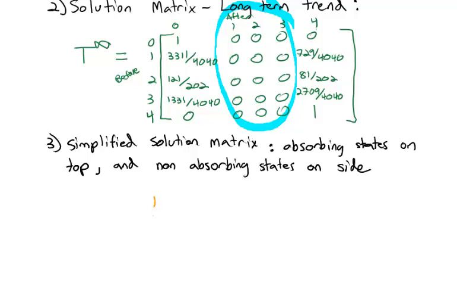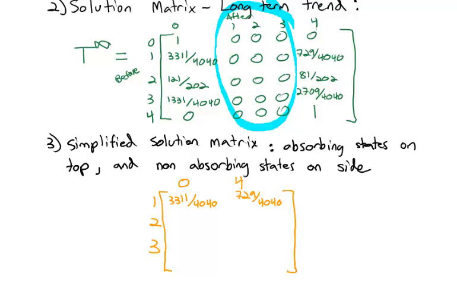So the non-absorbing states are $100, $200, and $300. And from there, they're going to go to 0, absolute ruin, or 400, absolute gain. So the probability that we go from 1 to 0 was 3311 at a 40-40. And 1 to 4 was 729 at a 40-40.